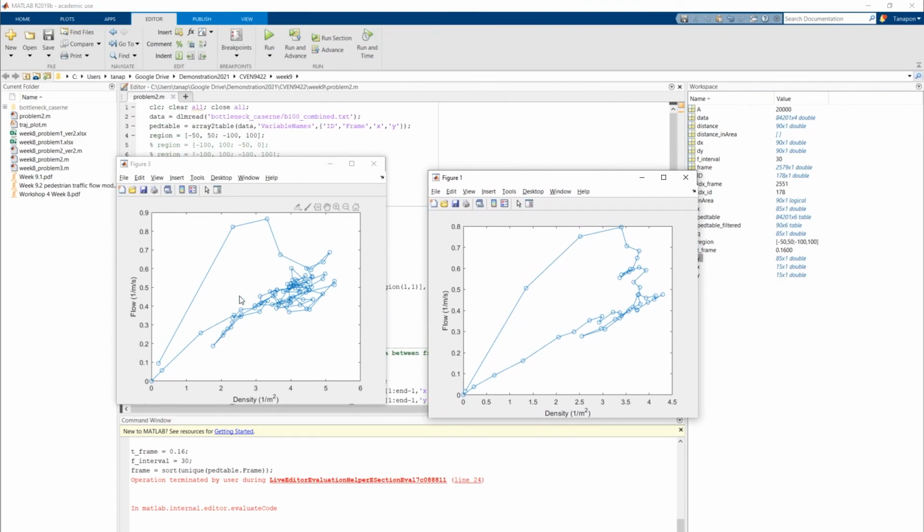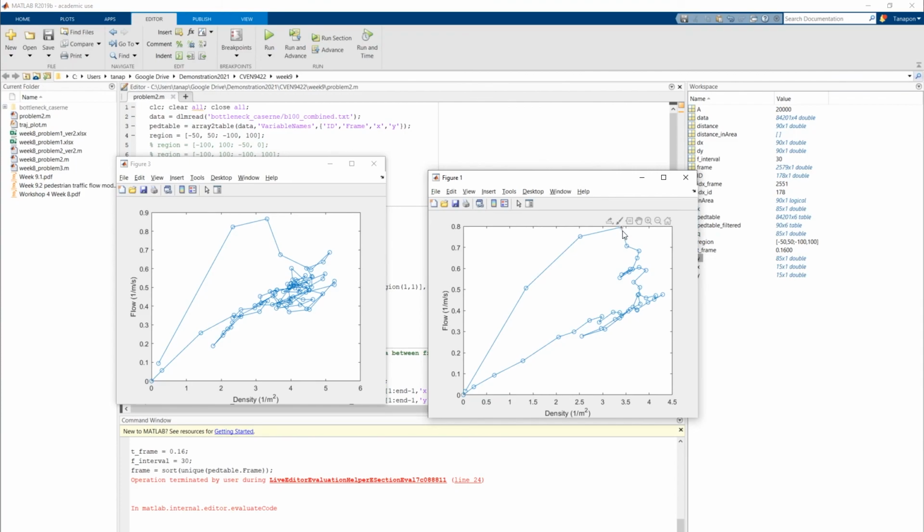so this figure 3 is from B100, and this figure 1 on the right here is from B200. From the look of this, the flow is not that different, so the fundamental diagram actually looks very similar. And the critical density here is about 3, and here is about 3.5 or something.